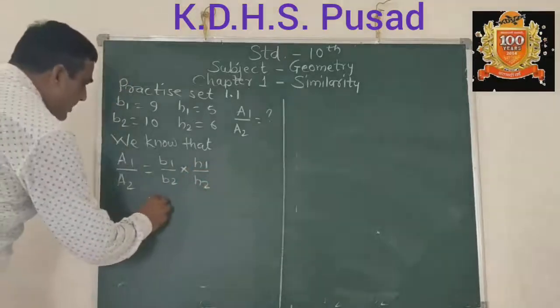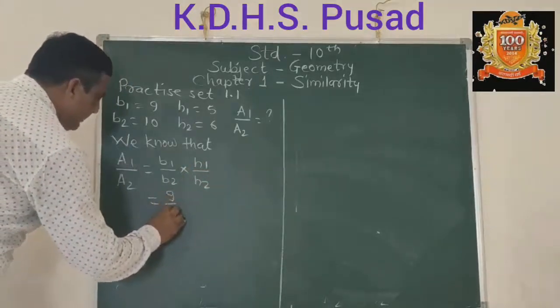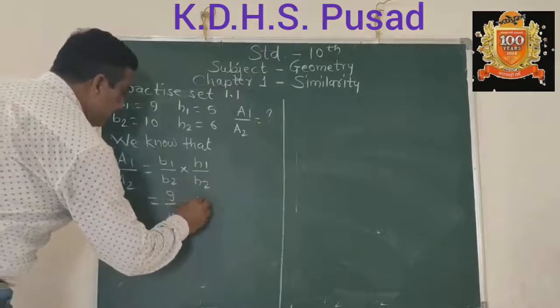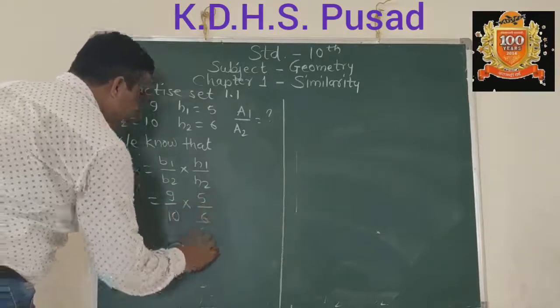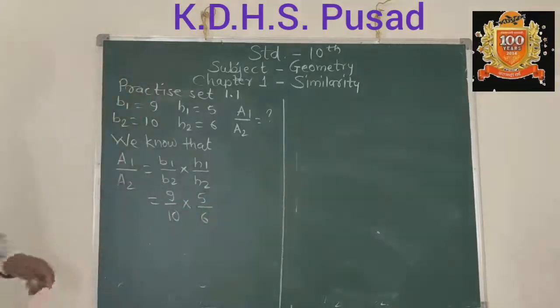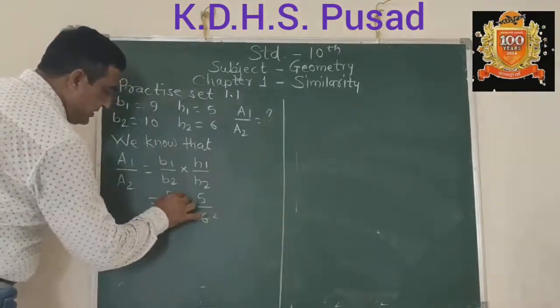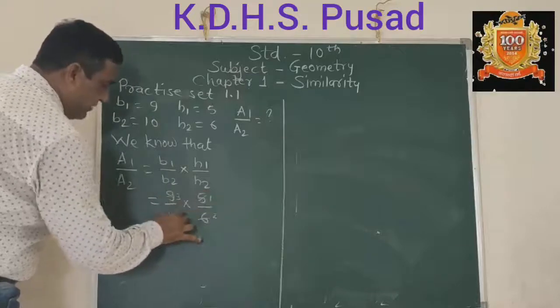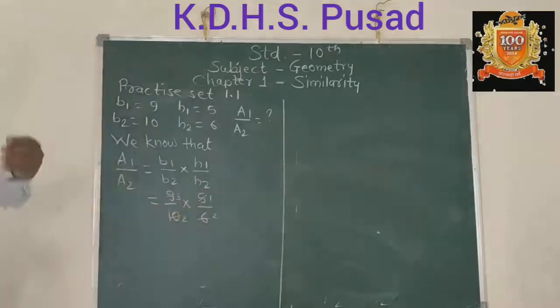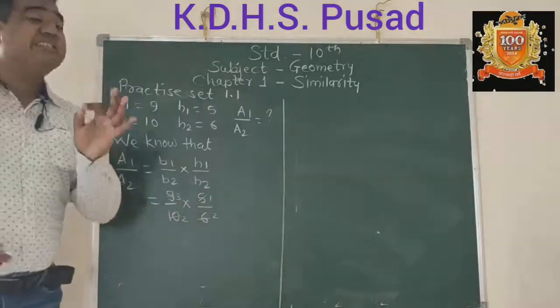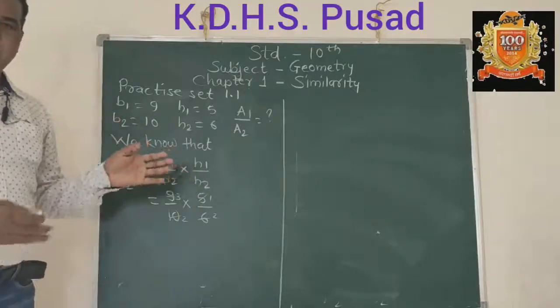Just put down the values here: 9 by 10 into 5 by 6. And if you want to cancel, 3 2s are 6, 3 3s are 9, 5 1s are 5, 5 2s are 10. As we want a ratio, it must be in simplest form. That's why we can divide it.